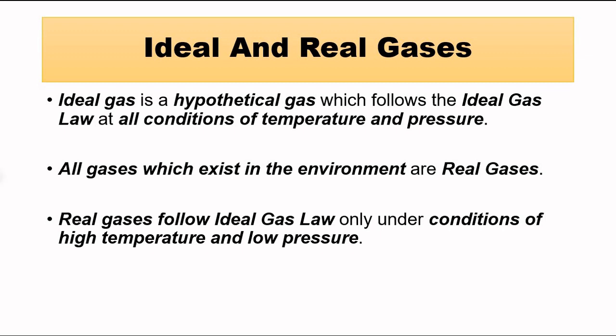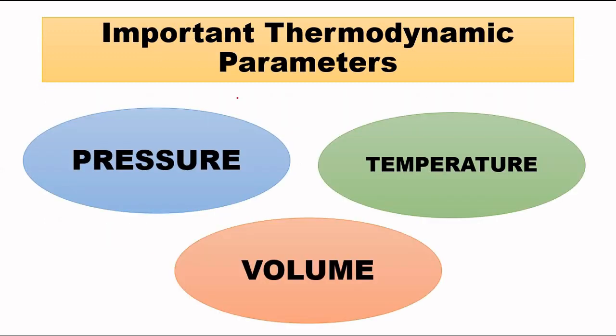Now, during our discussion on the gas laws, we touched this part that in order to specify any thermodynamic system, be it solid, liquid or gas, especially for behavior of gases, but for any thermodynamic system, three parameters are very important, which are called thermodynamic variables or thermodynamic parameters.